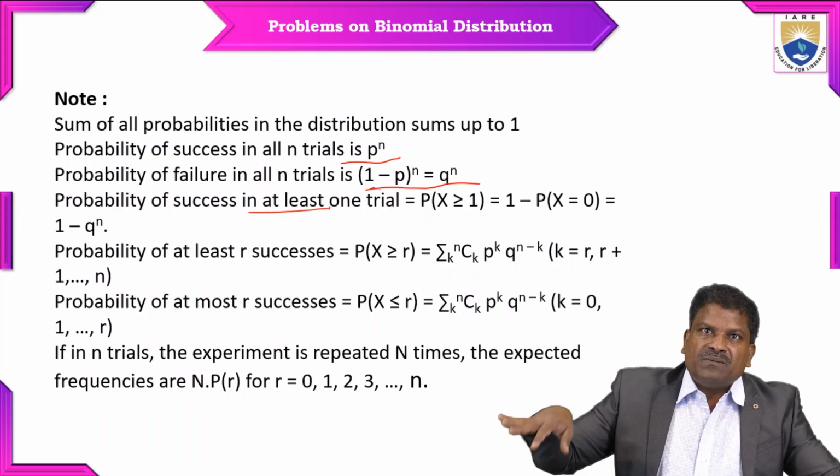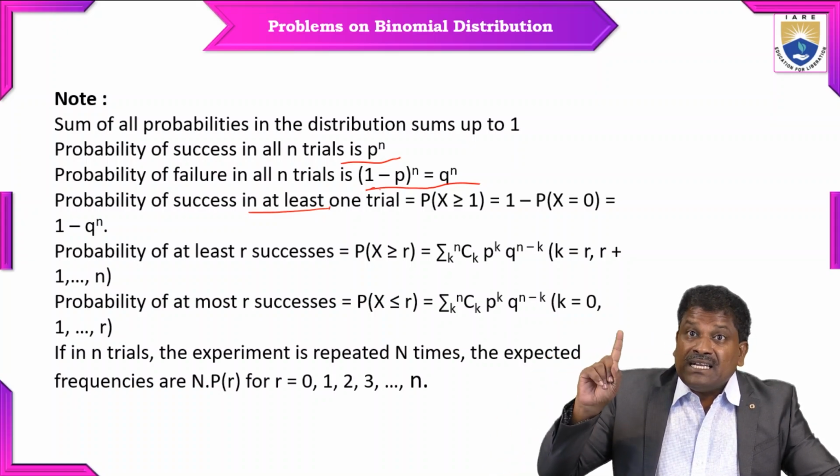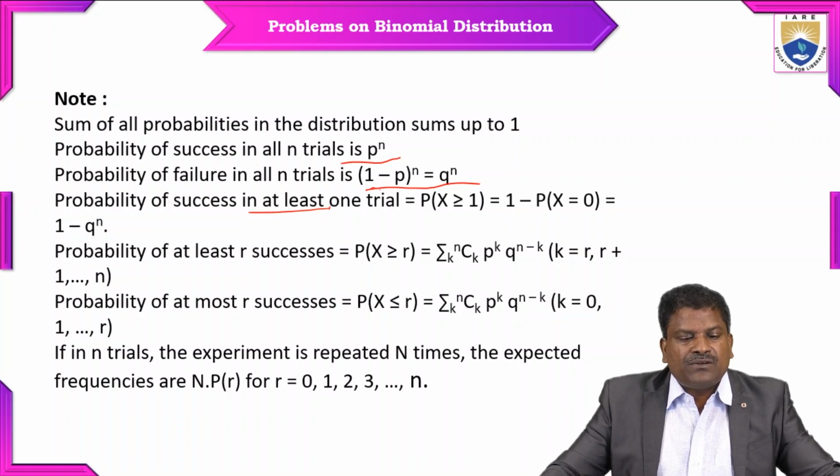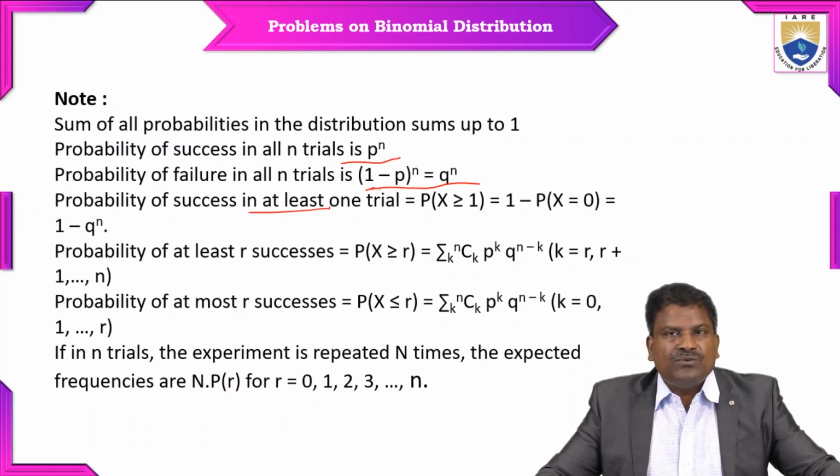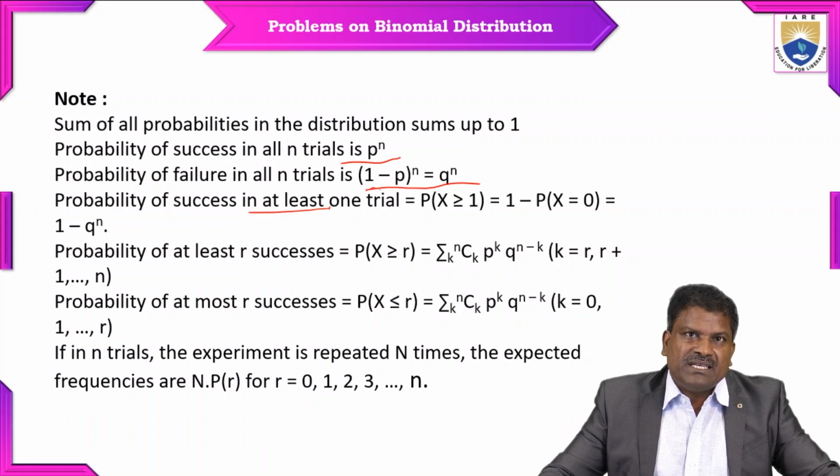So the probability of success in at least one trial is 1 minus q to the power n.